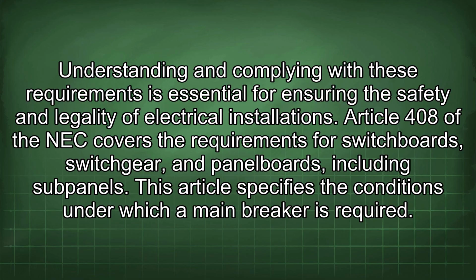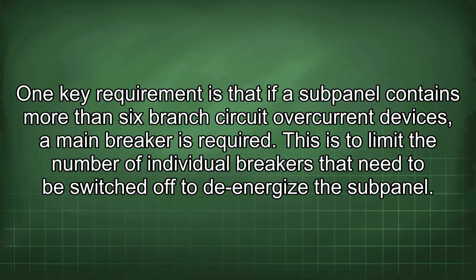Article 408 of the NEC covers the requirements for switchboards, switchgear, and panelboards, including subpanels. This article specifies the conditions under which a main breaker is required. One key requirement is that if a subpanel contains more than 6 branch circuit overcurrent devices, a main breaker is required. This is to limit the number of individual breakers that need to be switched off to de-energize the subpanel.